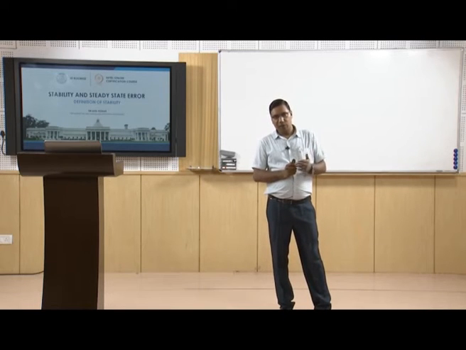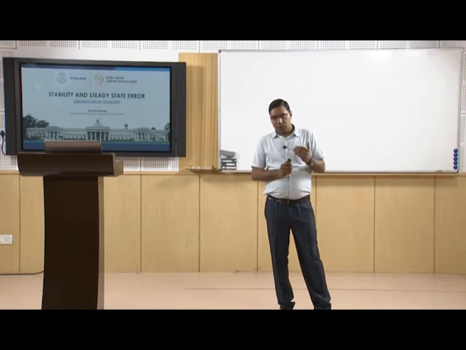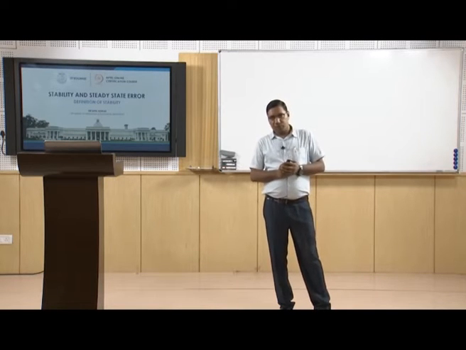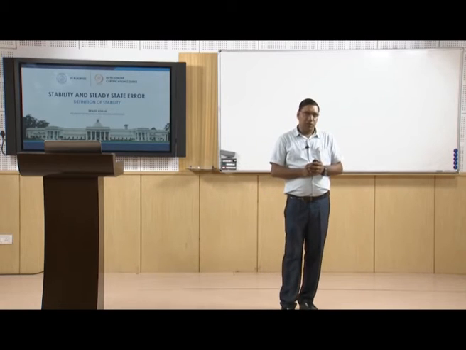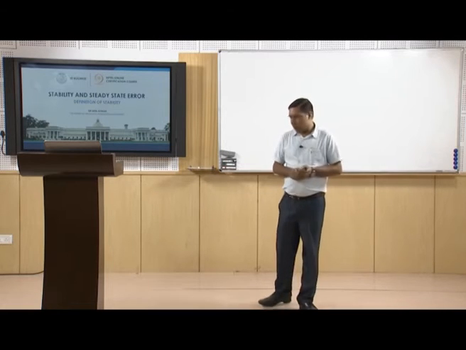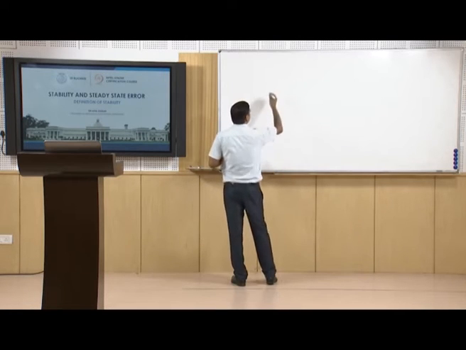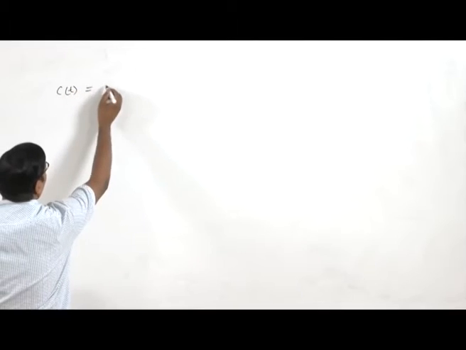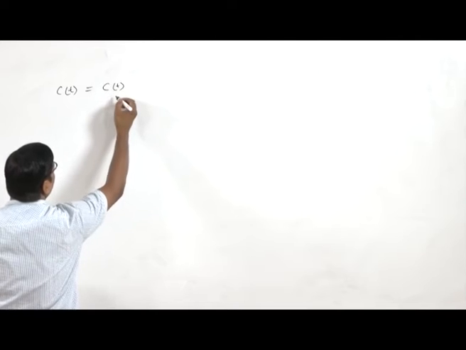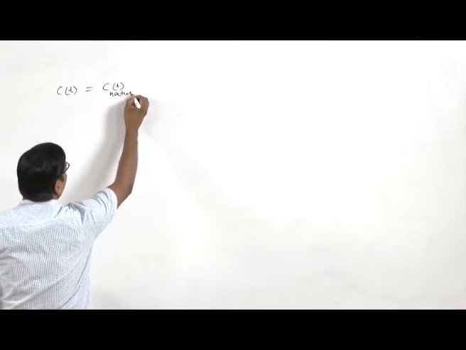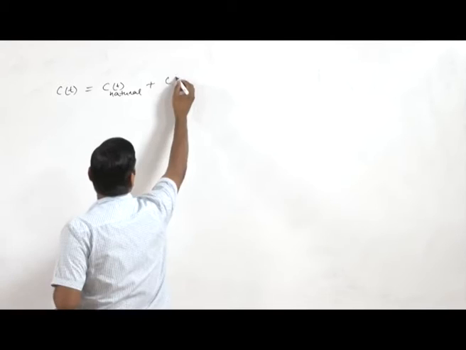The input that is applied on the system governs the form of the forced response, and the second part, the natural response, is governed by the transfer function, or by the system itself. So the total response of a system is equal to C(t) natural plus C(t) forced.